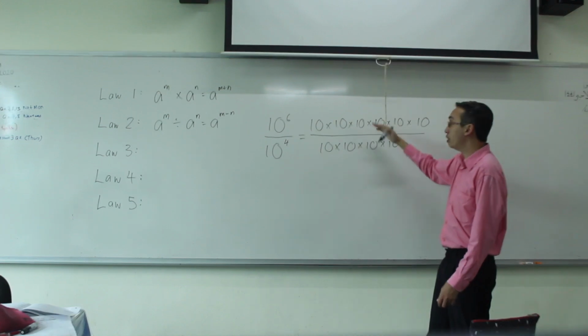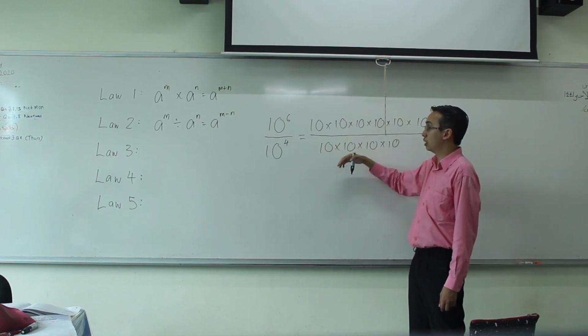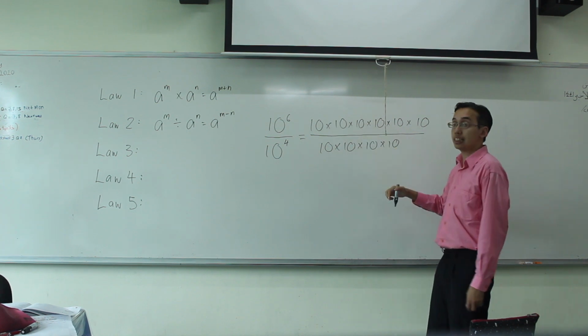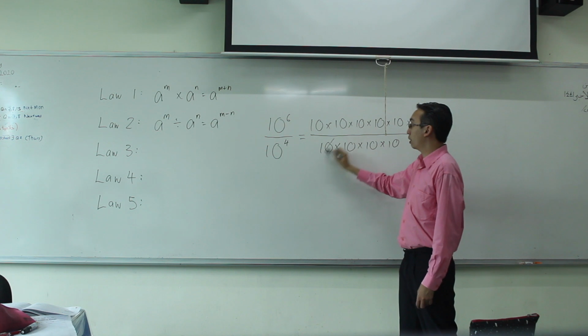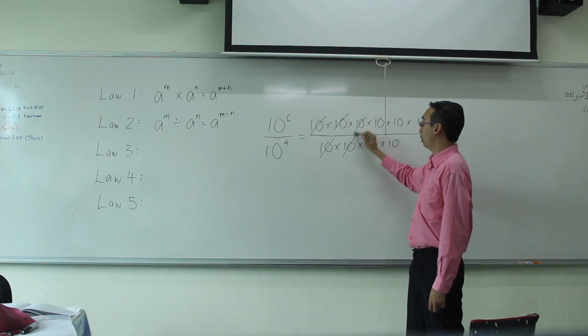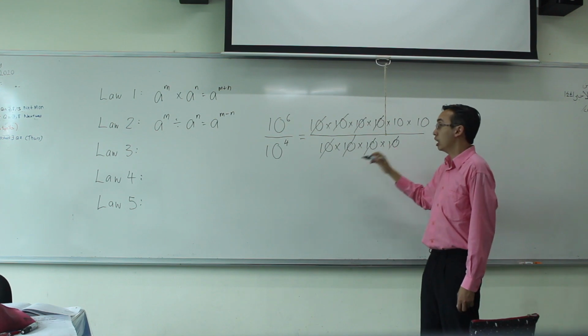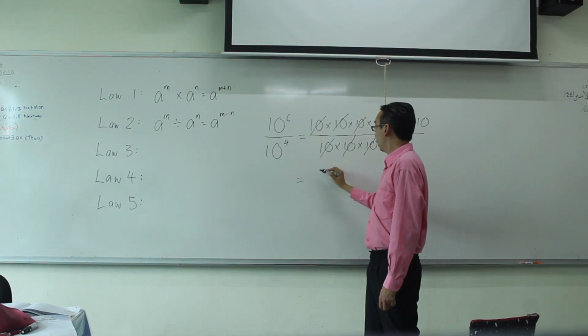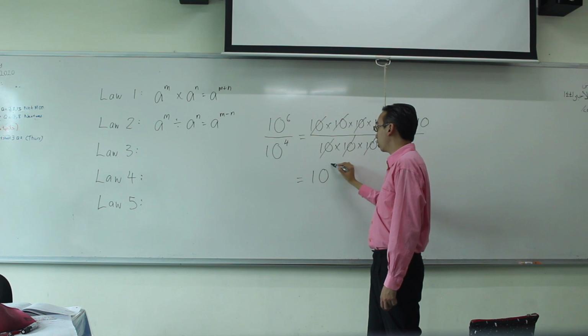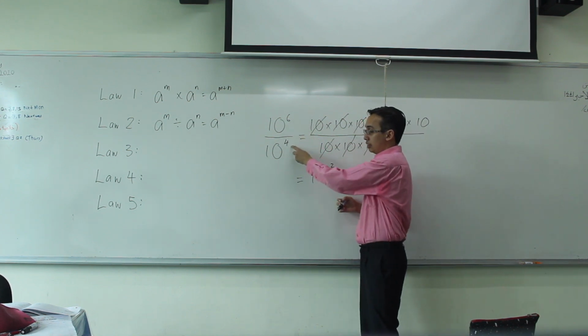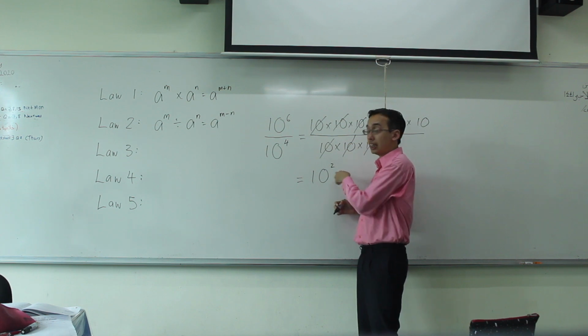In a fraction, whenever we have identical terms like this, we can cancel them. We cancel one each, one each, one each, and we are left with 2 at the top. So this is actually 10 squared, which is 6 minus 4, giving 2.